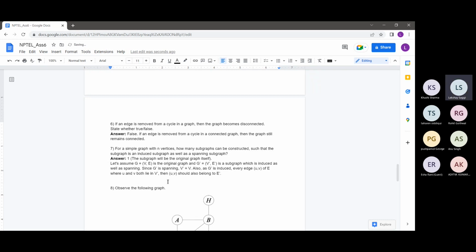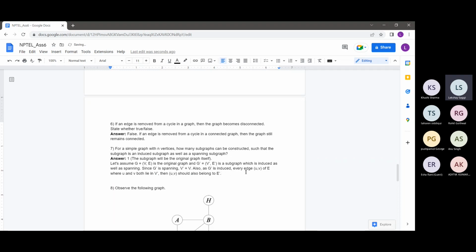This is a more formal definition of an induced subgraph: that every original edge whose both endpoints lie in V prime should lie in E prime.